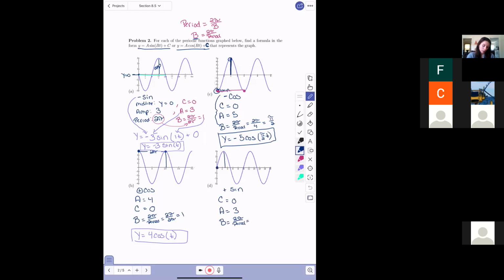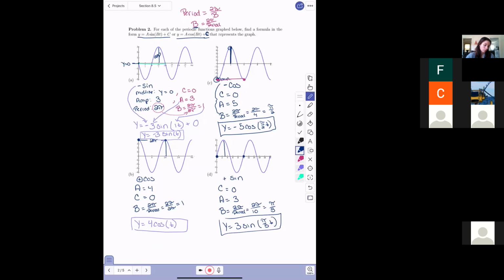And what is my period? 10. Good. So 2 pi divided by 10 is equal to pi over 5. So we have y equals 3 times sine of pi over 5 times t as the final answer.